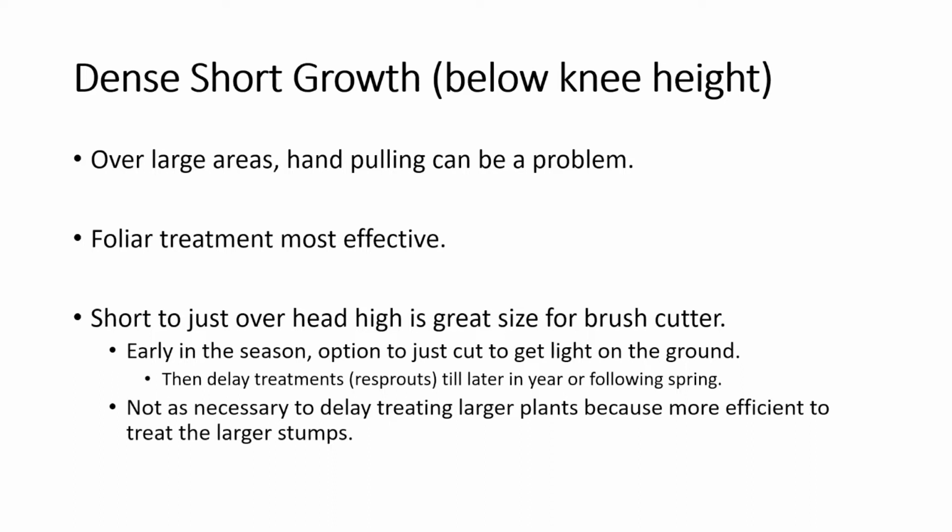So if you can go in and just get the plants out of the way, knowing that you're going to have to retreat, that can be an effective option, because there are ideal times to be treating these plants, but our schedules don't always allow that. So sometimes we're just treating when we can. We're kind of taking what we can get in some cases.